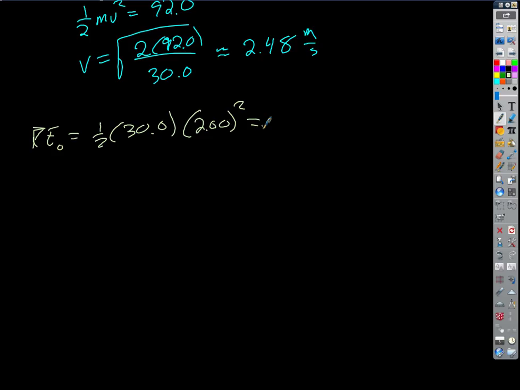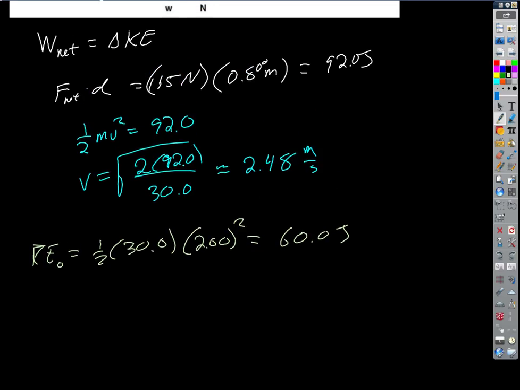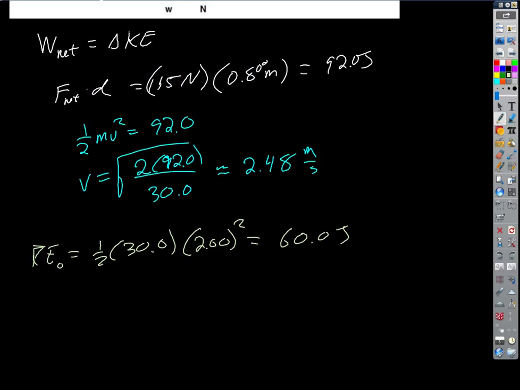We would have gotten 15 times 4, so 60 joules would have been my initial kinetic energy, right? My change in kinetic energy was 92, because by the work energy theorem, net work equals change in kinetic energy.